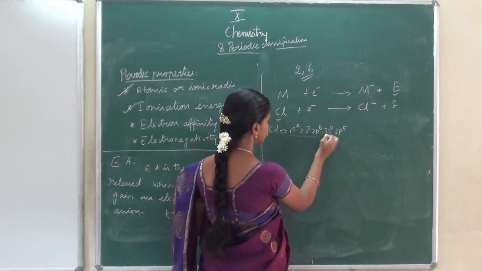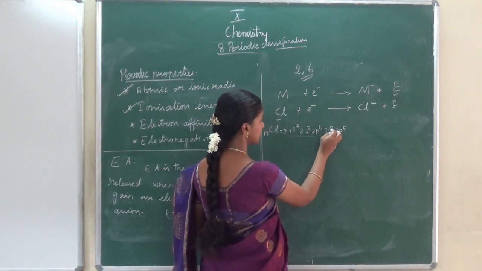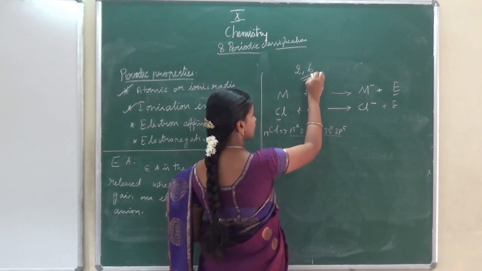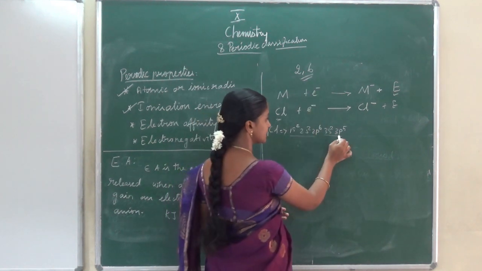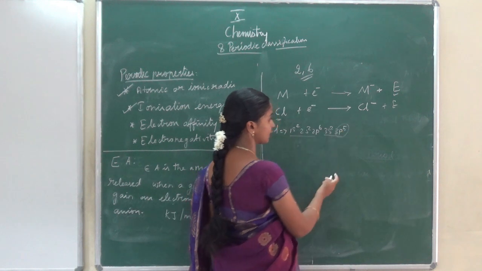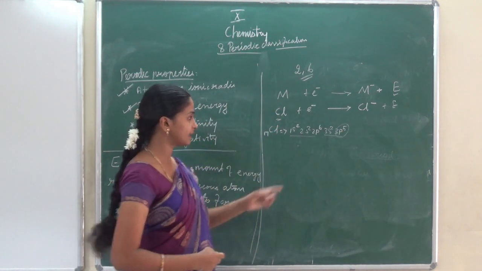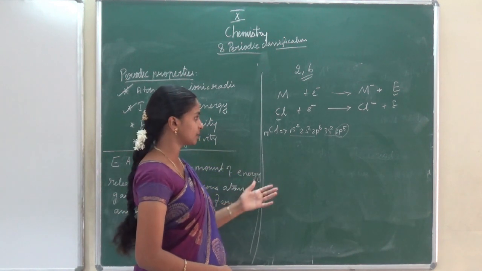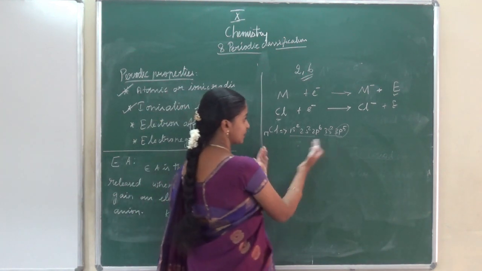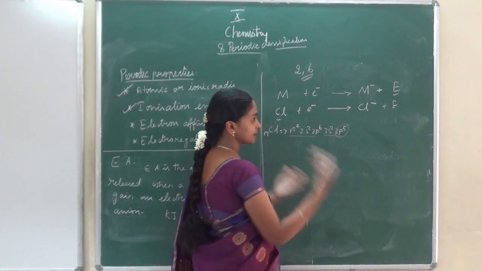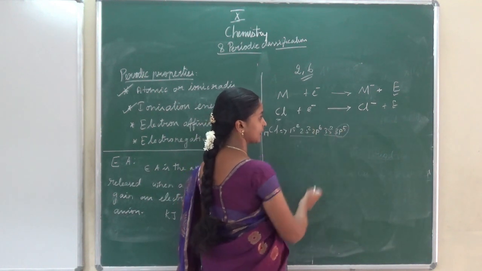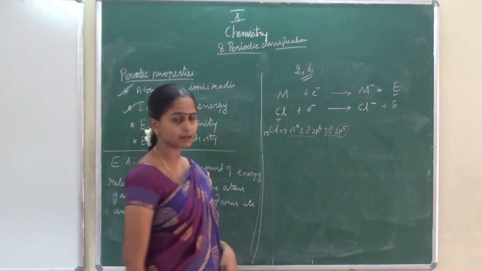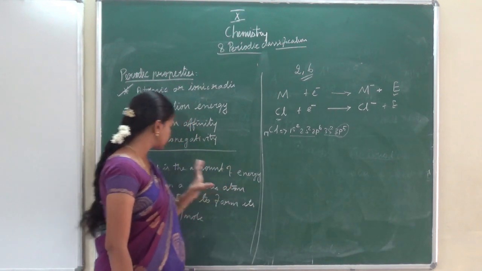If you notice here 2, 7, but what we need is 2, 8. That means it needs one more electron. If it gains only 1 electron, it can become the noble gas electronic configuration. So that's why it gains 1 electron. By releasing energy, it gains 1 electron, becoming Cl minus. So this is electron affinity.